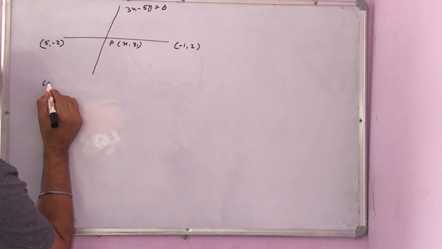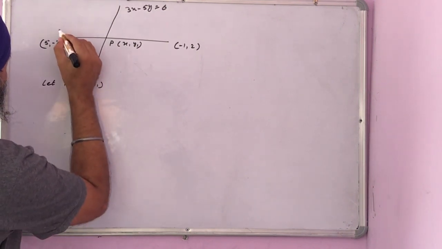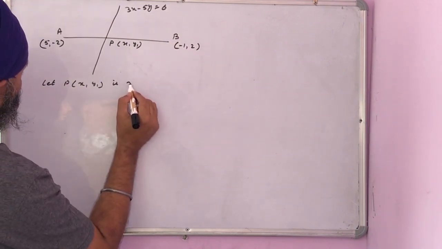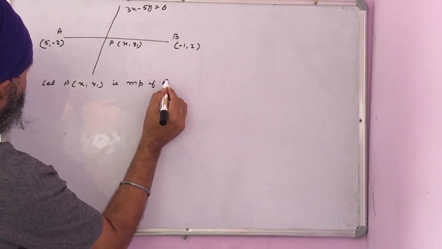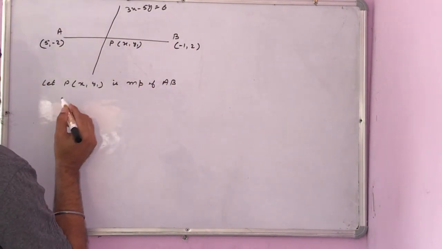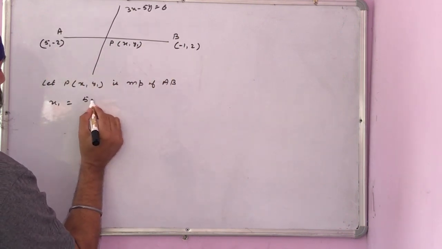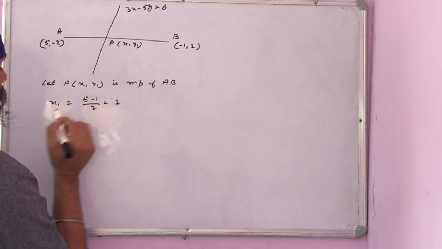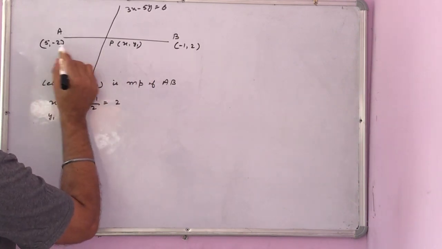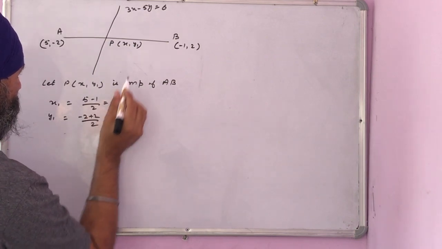Let P be (x1, y1), this point be A, this point be B. P is the midpoint of AB. So x1, from the midpoint theorem, is 5 minus 1 upon 2, that is 2. y1 is minus 2 plus 2 upon 2, that is 0.